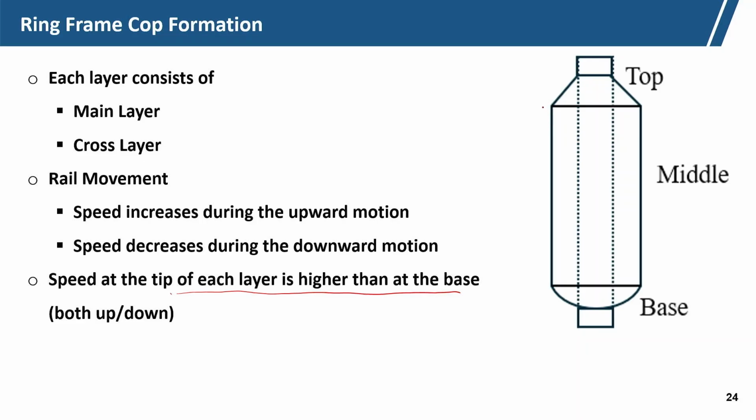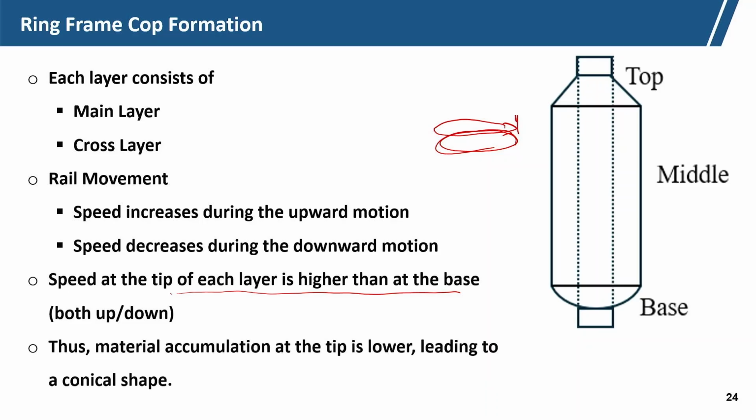So, when this is one layer, at the next upward layer the speed of the ring rail will be higher than the previous layer. Thus, material accumulated at the tip is lower, leading to a conical shape. So, always the speed at the upper side is higher. This is true for upward movement and downward movement. So, upper side speed is higher, that means material accumulated at the lower portion is larger, as I have already explained.